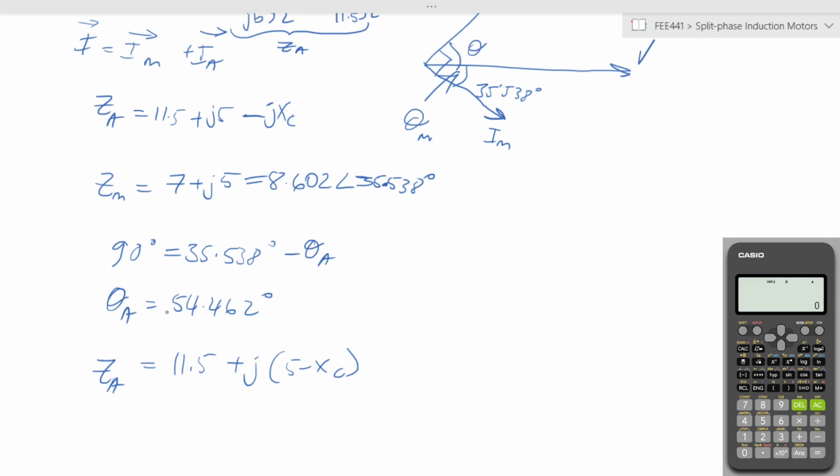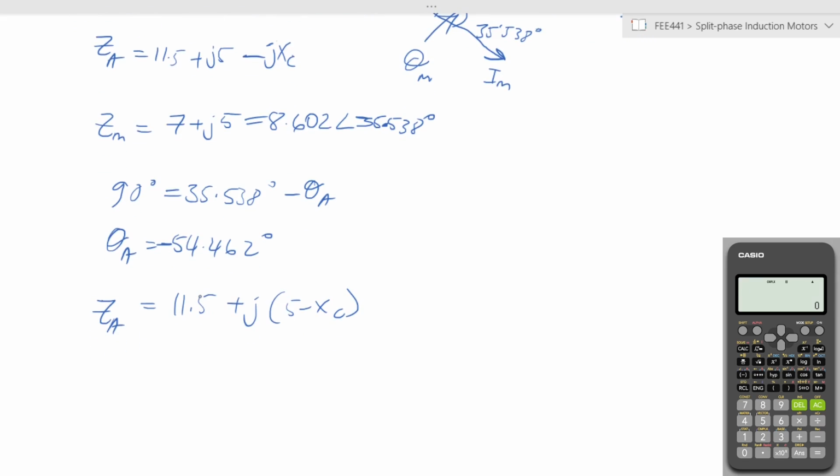We note that because theta A is above the voltage, it is actually in a negative polarity.